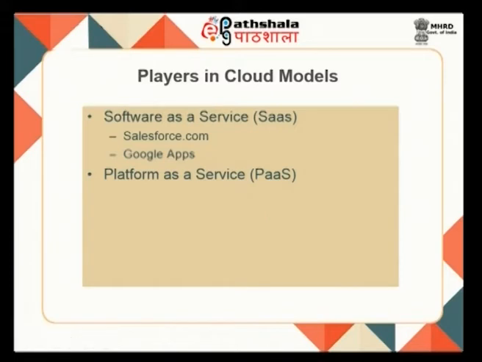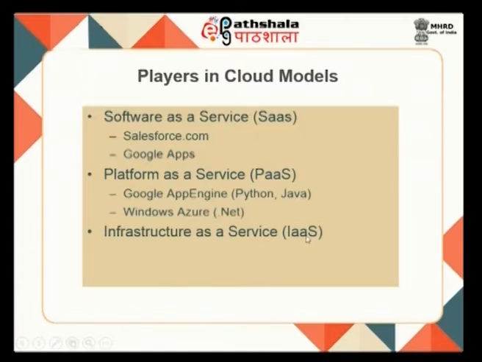Next we will see the PaaS model, and the major players in this are Google App Engine, using Python, Java we can develop platforms and applications, and Windows Azure, using .NET applications can be developed. And in the last part we will see infrastructure as a service players. There we have Amazon EC2 and Eucalyptus as 2 such players.